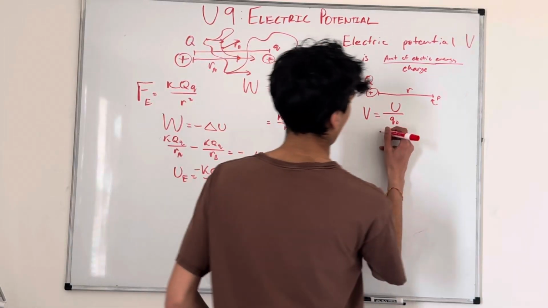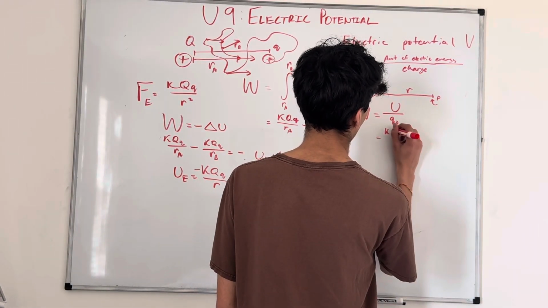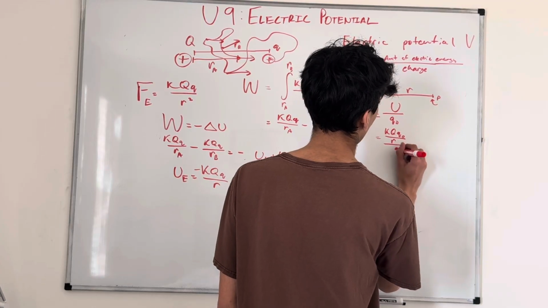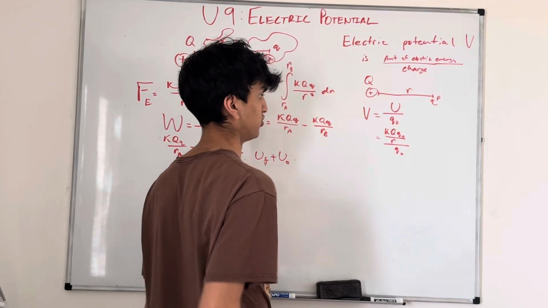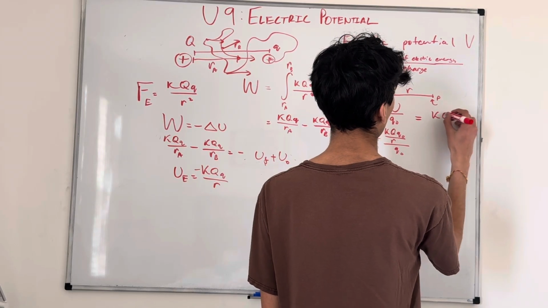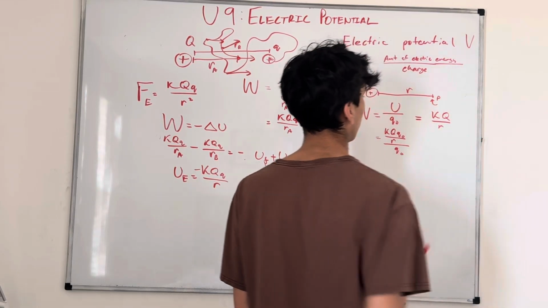So if I write electric potential energy, right, kQ times the test charge over R, I'm just canceling out that Q initial, and I get that V, the potential, is just kQ over R, right?